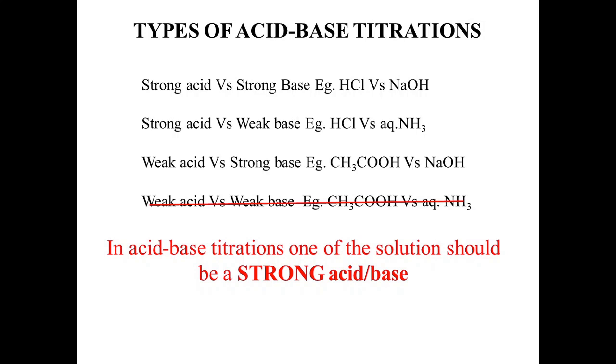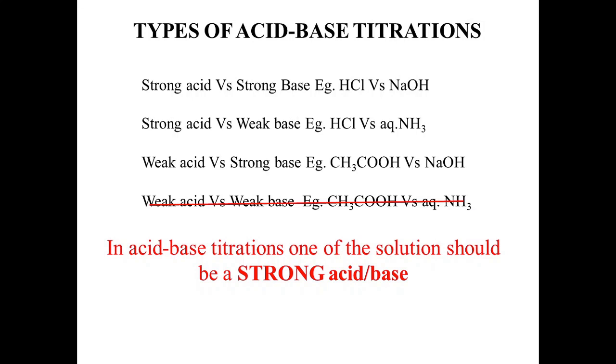Of these four possible combinations, a weak acid, weak base titration is not possible volumetrically, because when you have both the solutions partially ionized, it is difficult to identify the endpoint or reach the equivalence point of the titration.